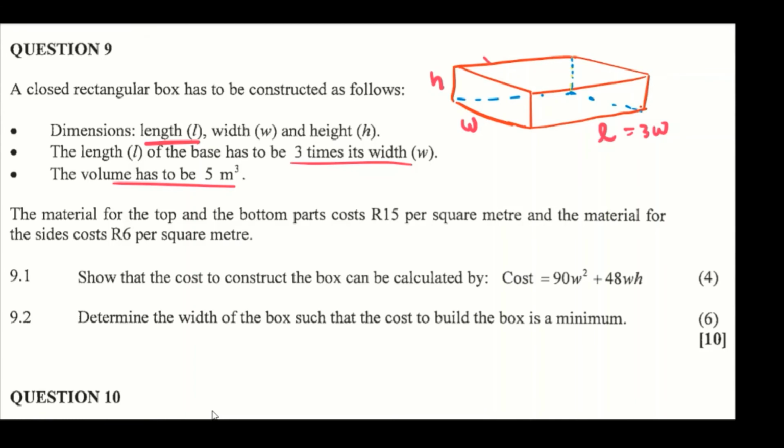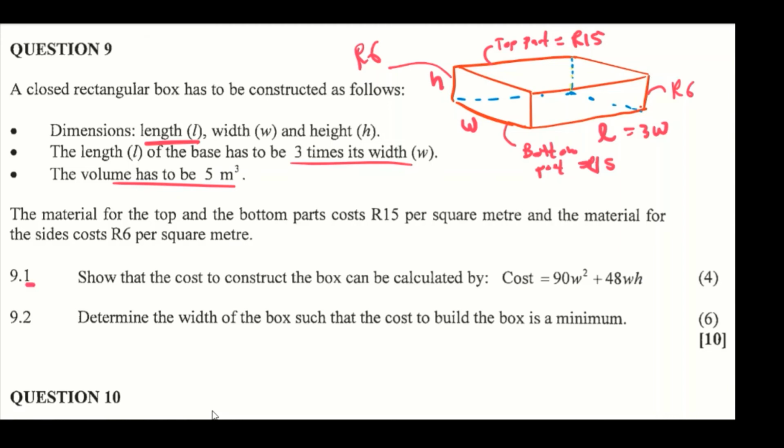So this top part here is equal to 15 rand, and this bottom part here is equal to 15 rand, and then the material on the sides is equal to 6 rand. So this material here is equal to 6 rand. This material here is equal to 6 rand. Let me just write properly. 6 rand. Cool. So now we've represented everything in that diagram.